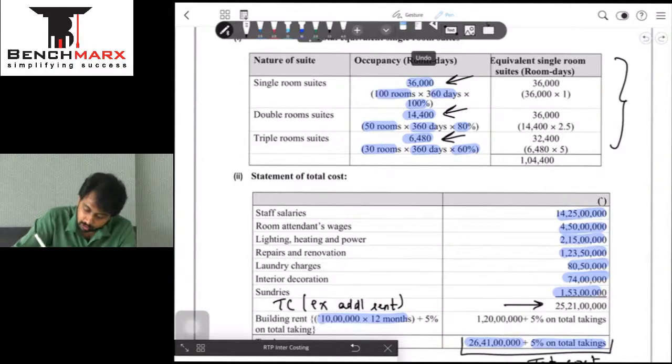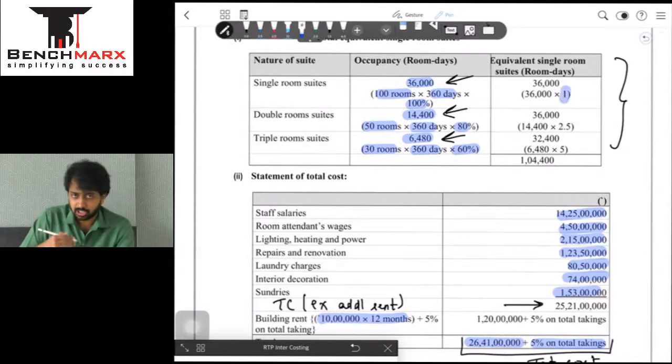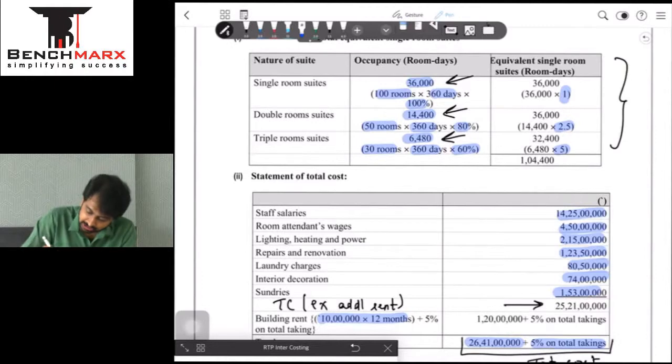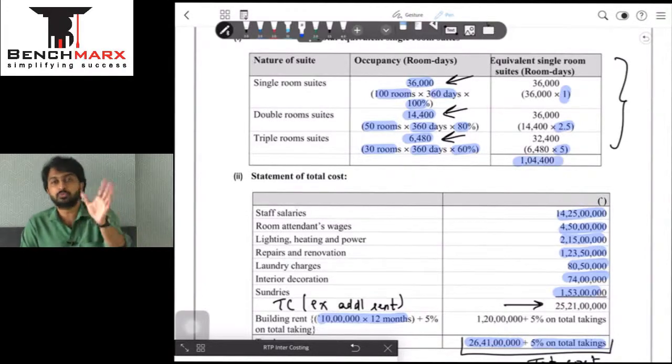If the rent of single room is 1 or simply x, the rent of double becomes 2.5x and the rent of triple becomes 5x, because triple is double of double room, so 2.5 doubled becomes 5, and this number is my equivalent number of room days in single room day terms.